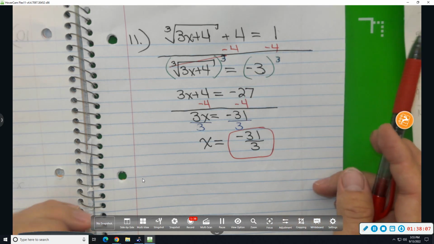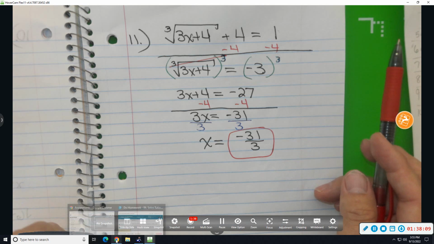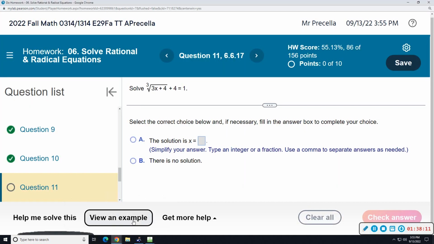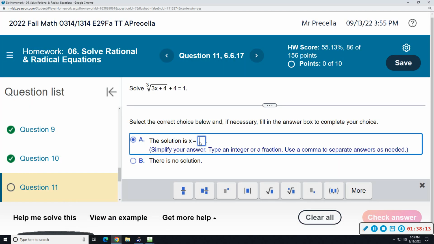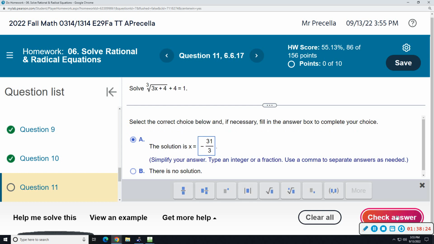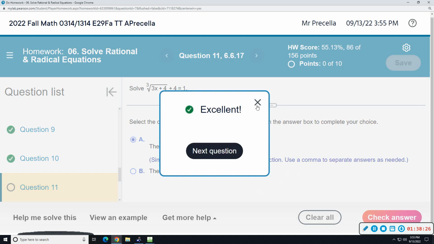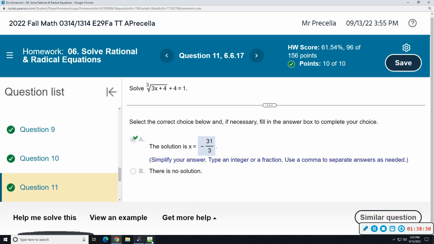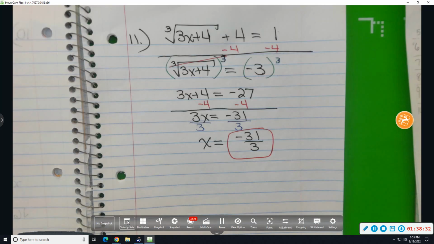Raising both sides of an equation to an even power does not guarantee equivalence. If you raise both sides to an even power, you've got to check your answers. But if you raise them to an odd power, you don't have to. You can if you want to. If you just have spare time and you want to plug it in and check, go for it. But it's not necessary. Any questions on that one?